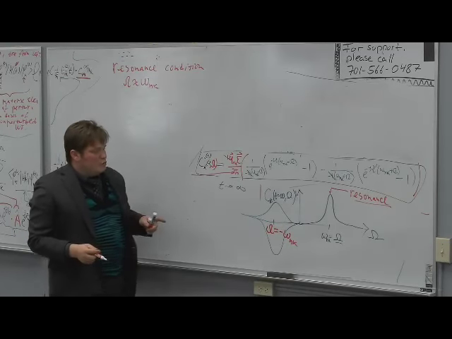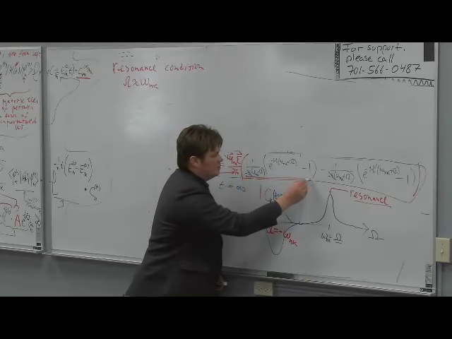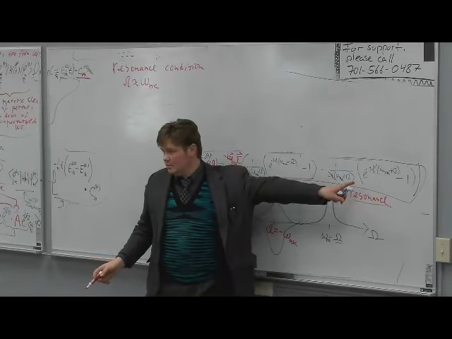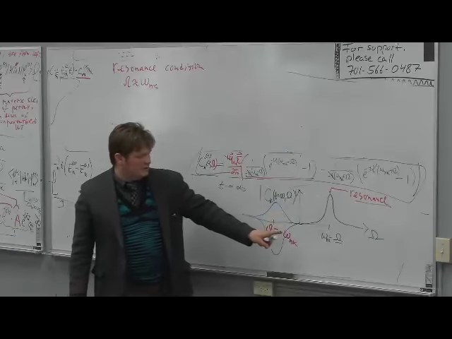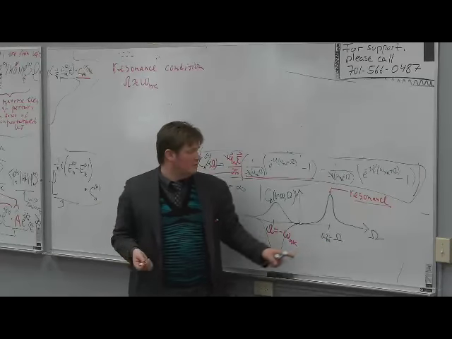So if we have this case, it means we use only the first term and neglect the second term, right? If you know for sure that the frequency of incident light is positive.